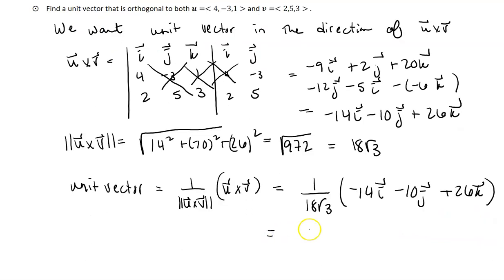And this is going to be negative 14 over 18 square root of 3 i minus 10 over 18 square root of 3 j plus 26 over 18 square root of 3 k.